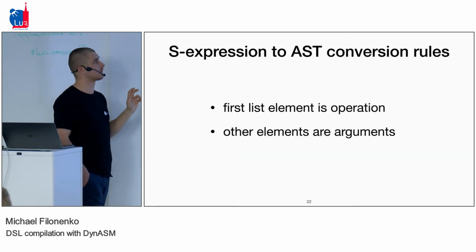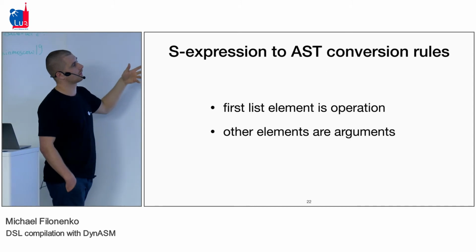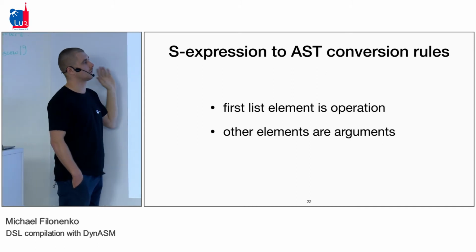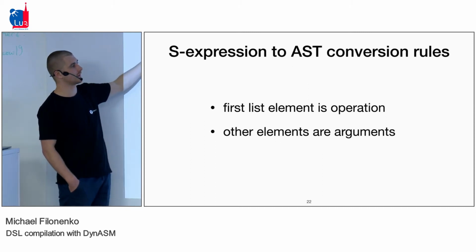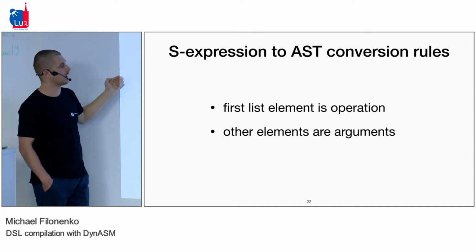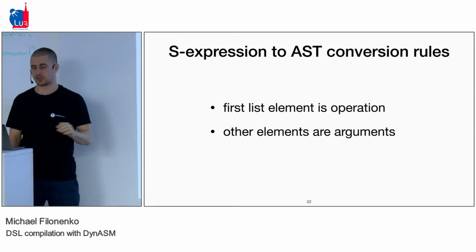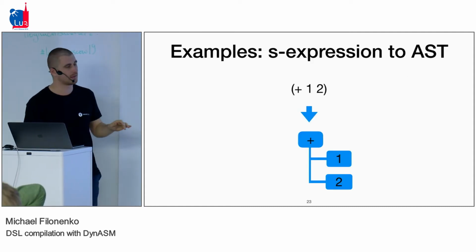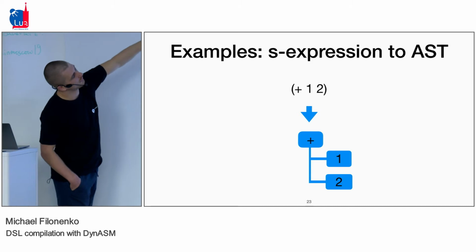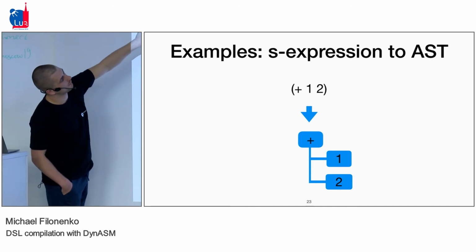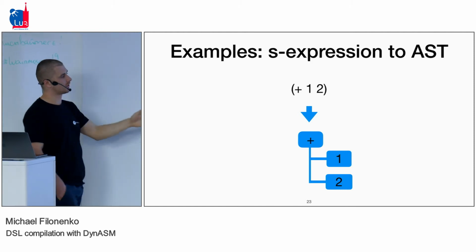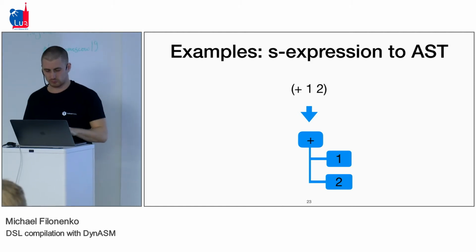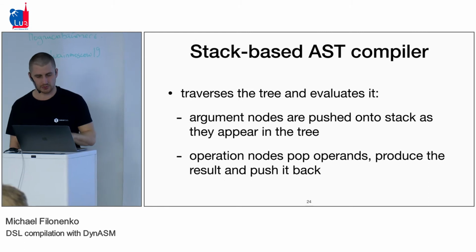And how to convert a parsed S expression to an AST, abstract syntax tree? Quite easy, because I use the first list element as the operation and the other elements as arguments. The example: a list with sign plus, number 1 and number 2 is converted to the appropriate abstract syntax tree.